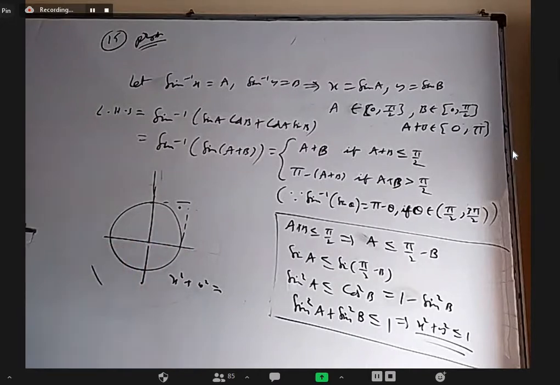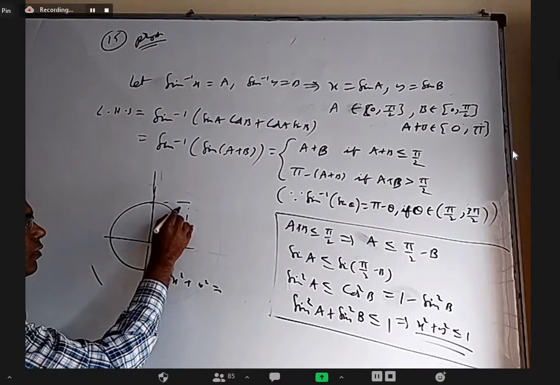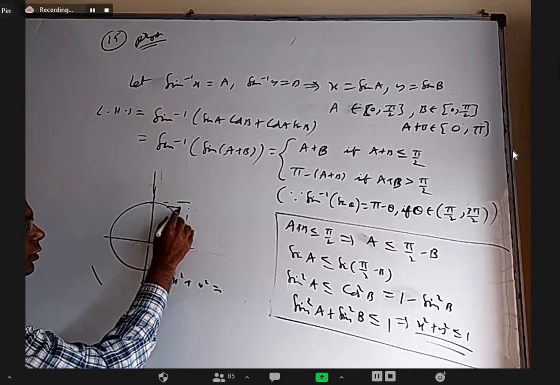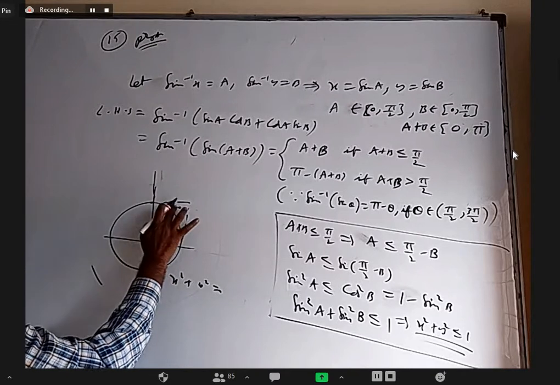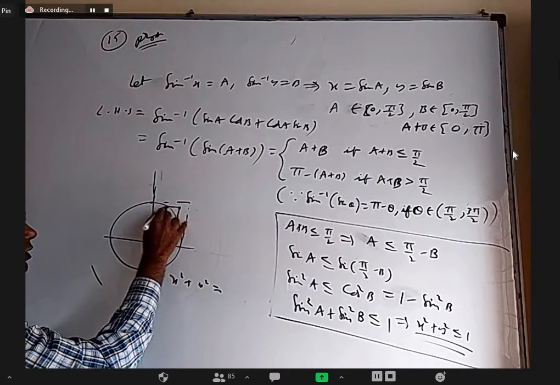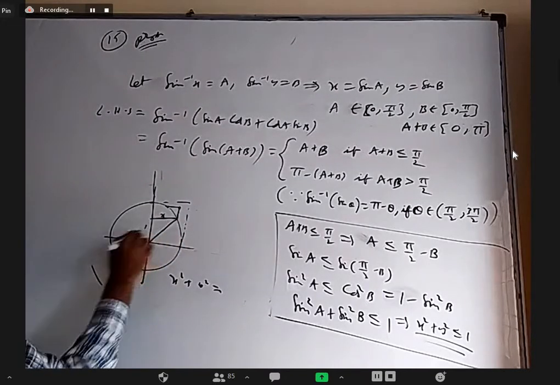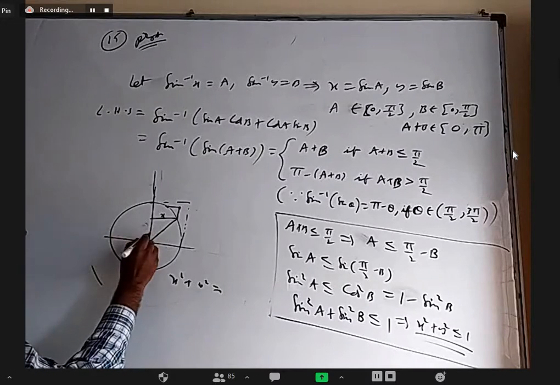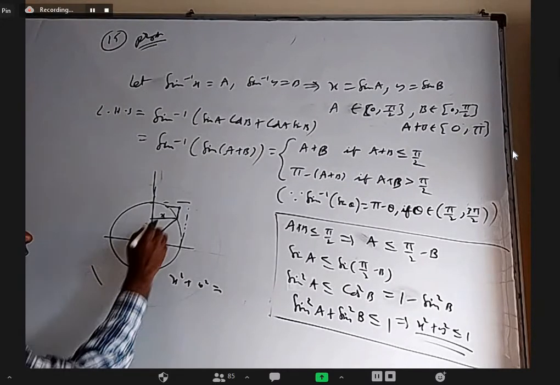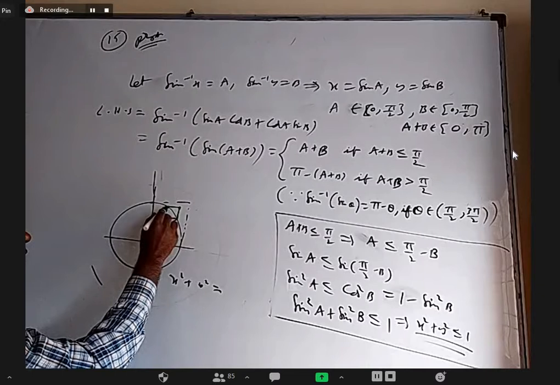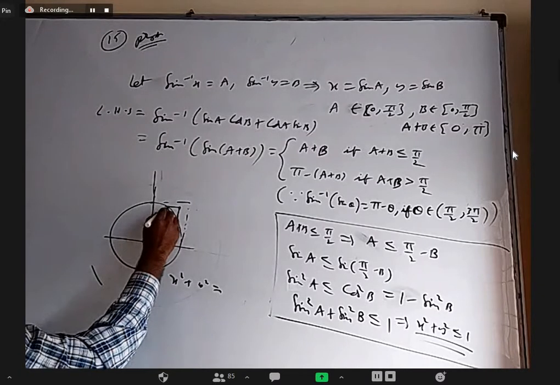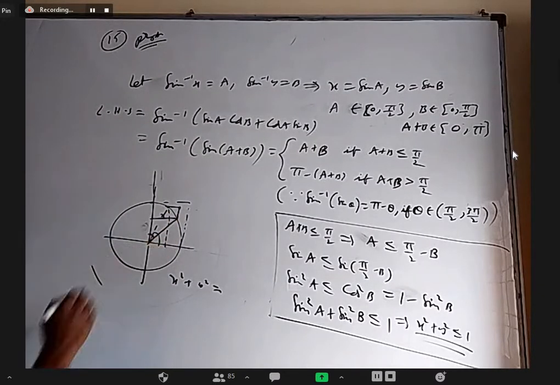I'll take somewhere here. Again, draw one vertical line here, a horizontal line here, and join this. This is my x, the hypotenuse is 1, so this angle is sin inverse x. Next, through this, I have to draw one vertical line and join like this, that is sin inverse y.